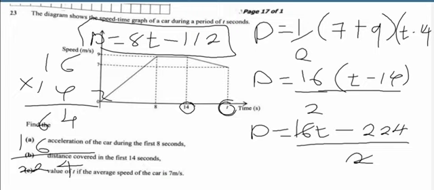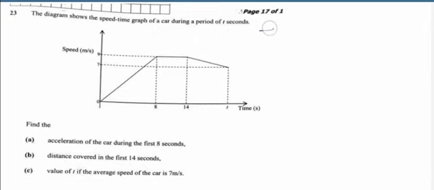Now, when you are calculating the average speed, it is the total distance divided by the total time taken. So 8t minus 112 is not the total distance. We need to add to it plus 90 so that it becomes the total distance. So let's do likewise. The total distance is going to be equal to 8t minus 112 plus 90 meters.